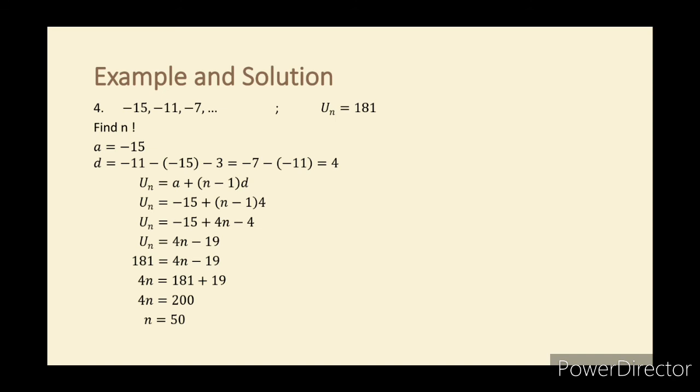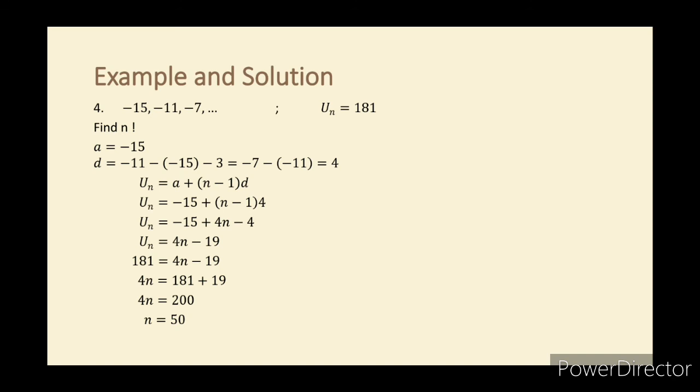Number 4. First term minus 15, minus 11, minus 7, dot dot dot, and the nth term, Un, equals 181. Find n. a equals minus 15, d equals 4.